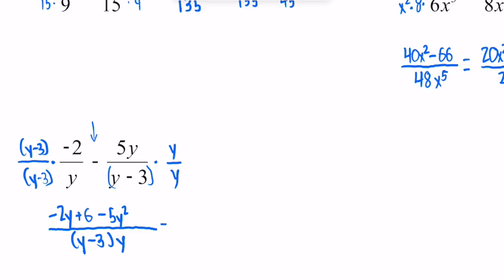So if we work this out, or put it in descending order, I should say, we would have negative 5y squared minus 2y plus 6 in our numerator. In our denominator, we have y minus 3 times y, like so.